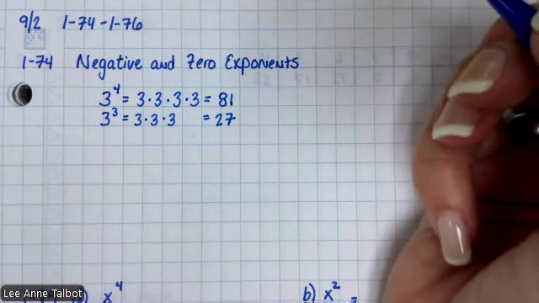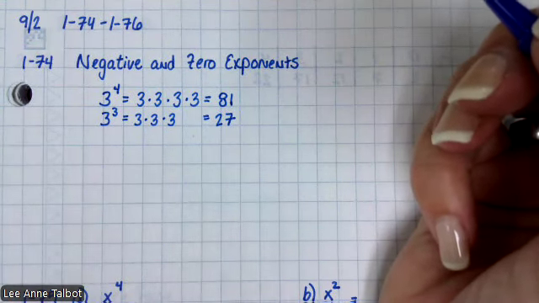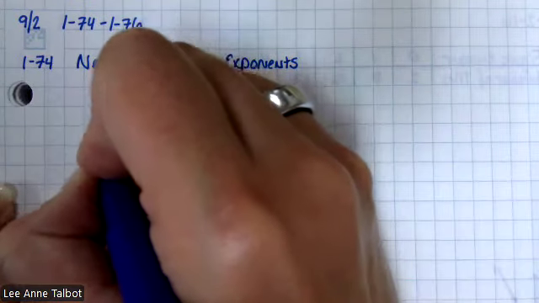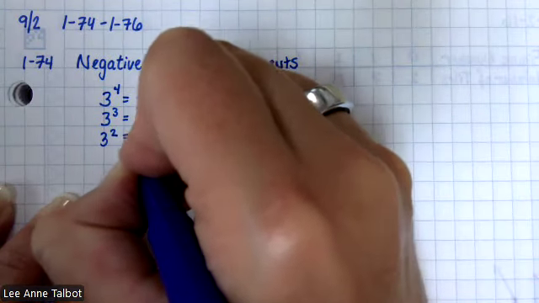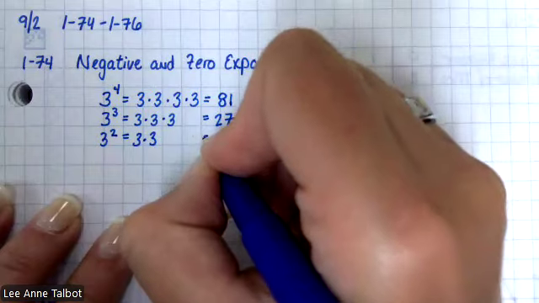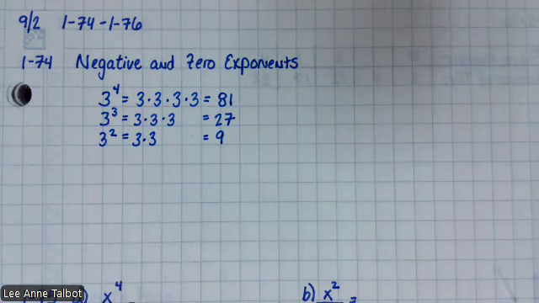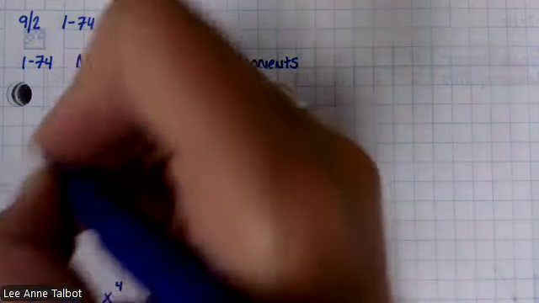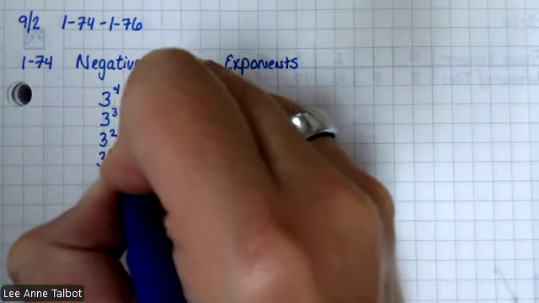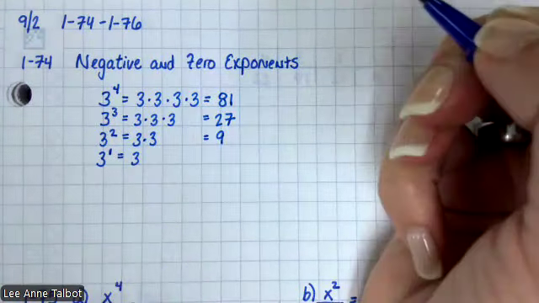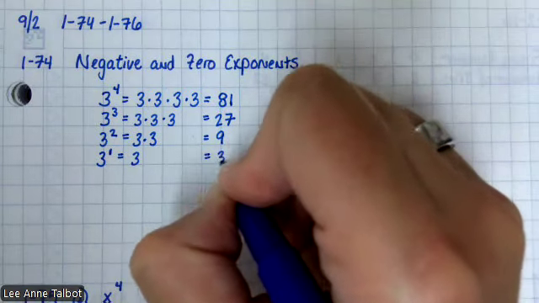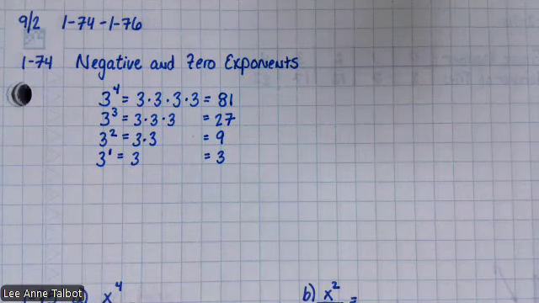Yeah, I get it. But hold on till we get to the 0 and negatives. This will help, I promise. 3 squared is 3 times 3, which is 9. Okay, that's not really any news to you. 3 to the 1 is just 3.